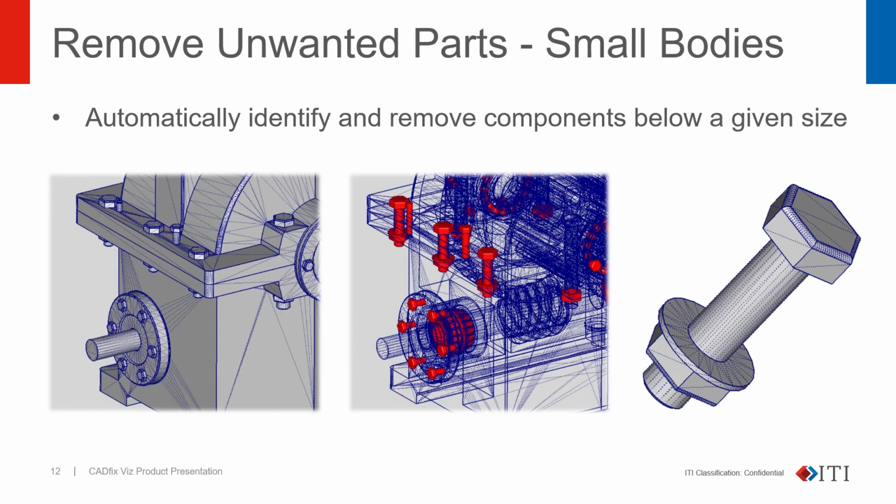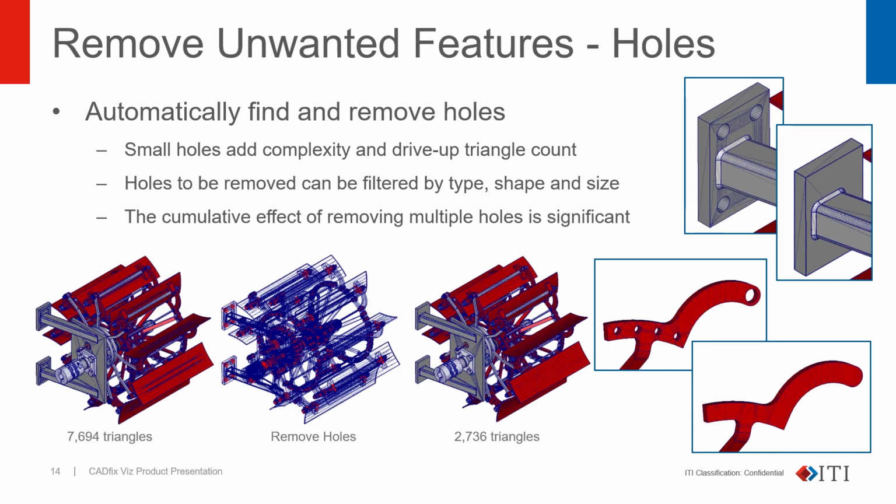So some examples of those. Small bodies: basically a user-controlled tolerance is going to define what's small, what's not. If it falls within a bounding box tolerance that the user specifies, it'll be considered small, and that mesh part will be removed. The ability to automatically identify and remove internal components, also ignoring kind of a gap that may be in that outer shell.